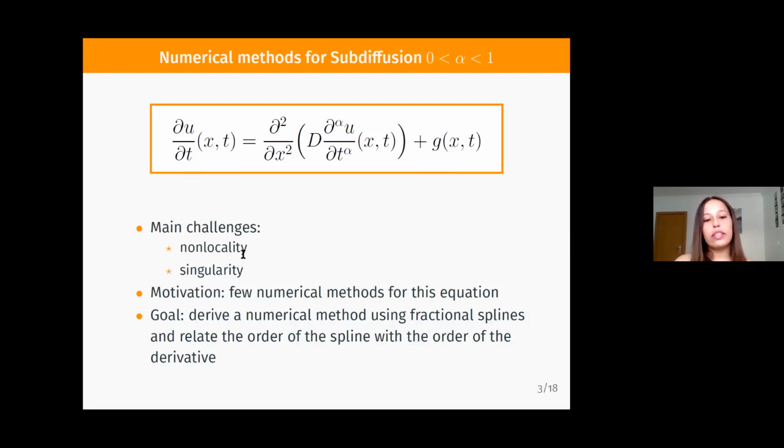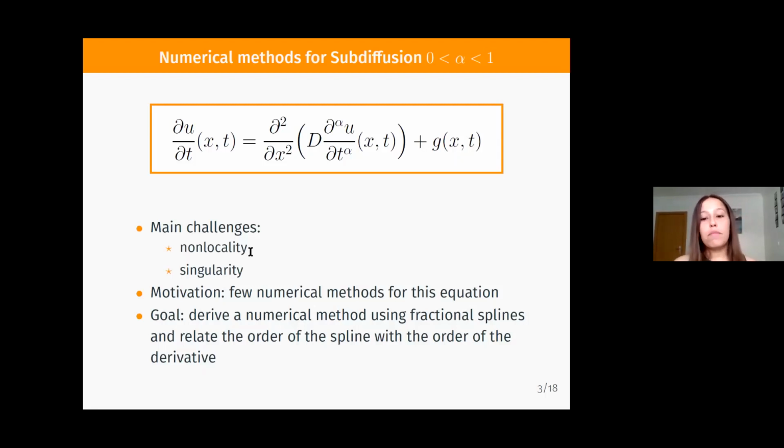Because the operator is non-local, these numerical methods are more complex than for classical differential equations, because when you are discretizing the equation in time, at each time step, we have to take into account all the information that came before. So this is a lot more complex.